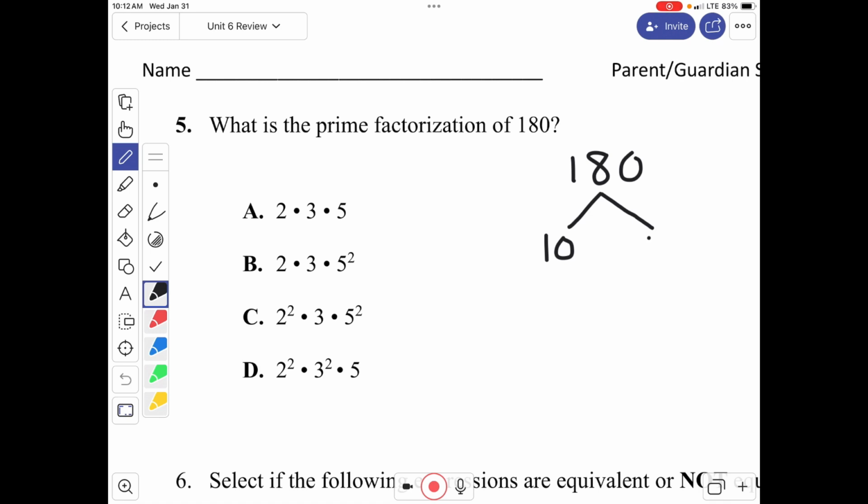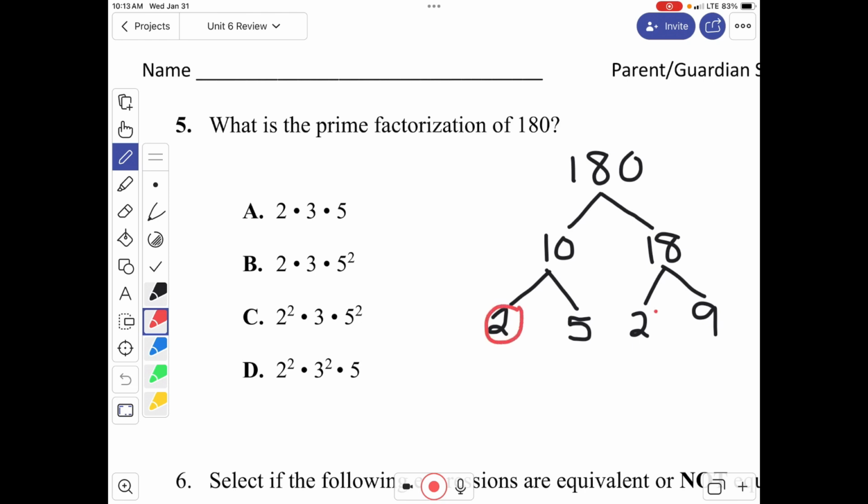So 10 times 18 makes 180. But neither one of those numbers are prime, so I have to keep going. What times what equals 10? 2 times 5. What times what equals 18? Well, I know 2 times 9.